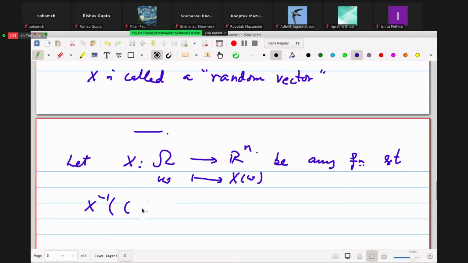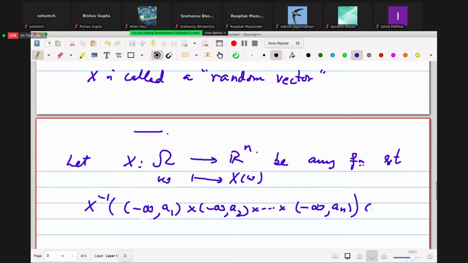I'll write minus infinity to a1 cross minus infinity to a2 cross blah blah blah cross minus infinity to an. So this is a subset of R^n, correct?